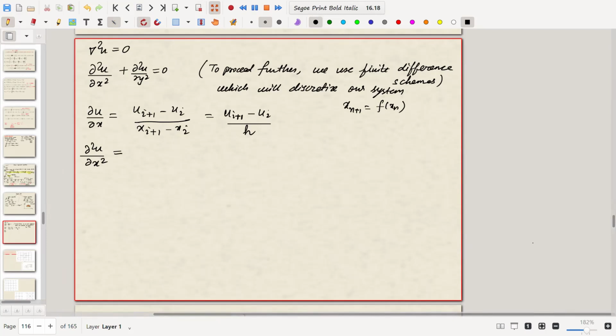For the second order derivative dou 2u by dou x2, you have something like this: u i minus 1 comma j minus 2u i comma j plus u i plus 1 comma j divided by h squared. This might appear complicated, but it is simple enough.